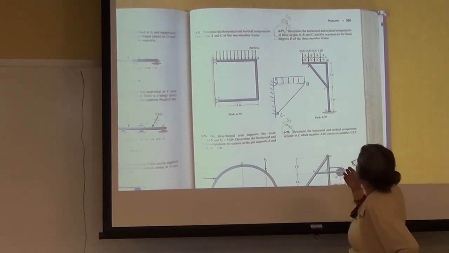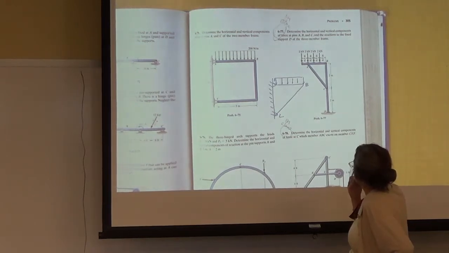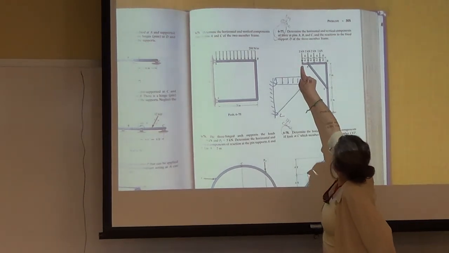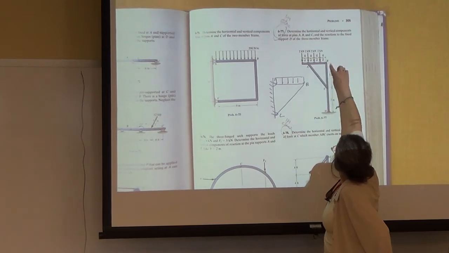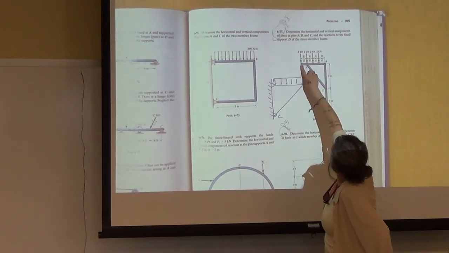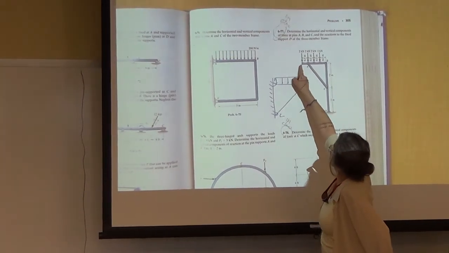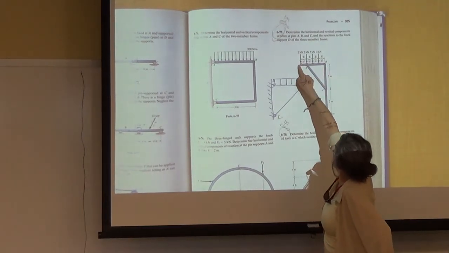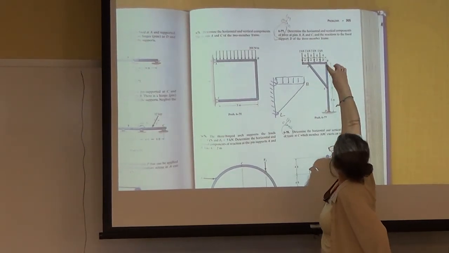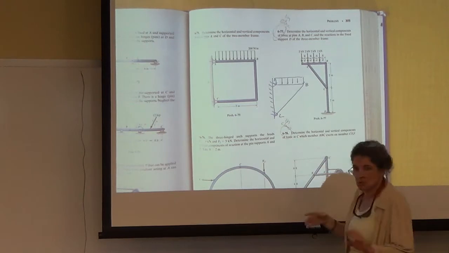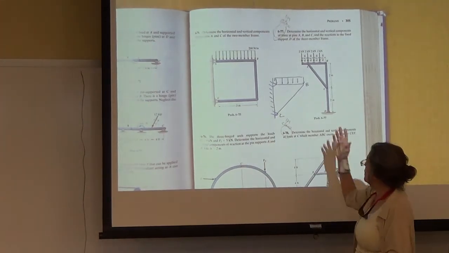Then the question is, what do you do? It's a pin there, right? I guess we don't have a letter here. So for this member, we have the option of doing that member, or this member. Talk to your group. What would you do?